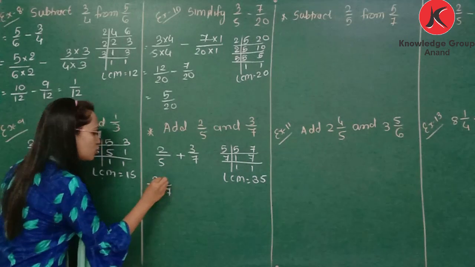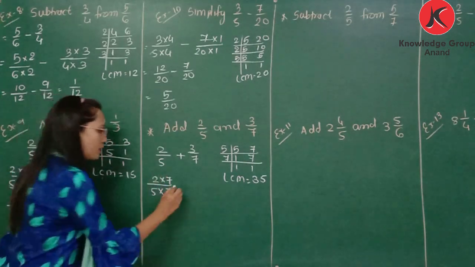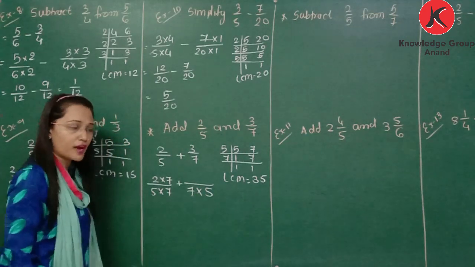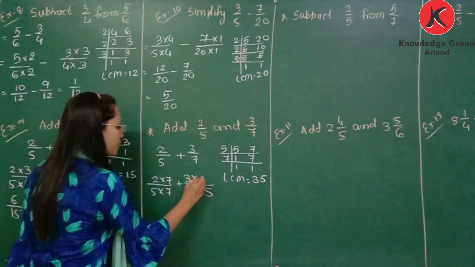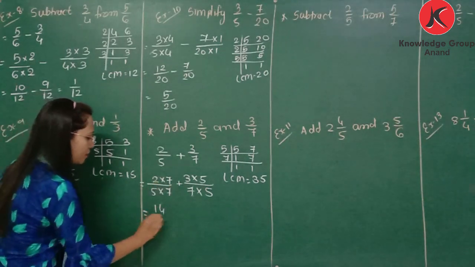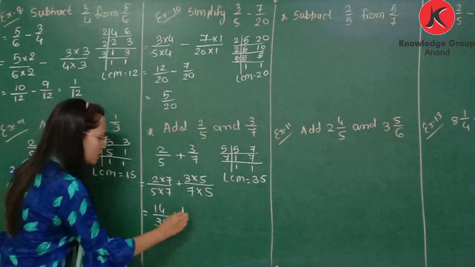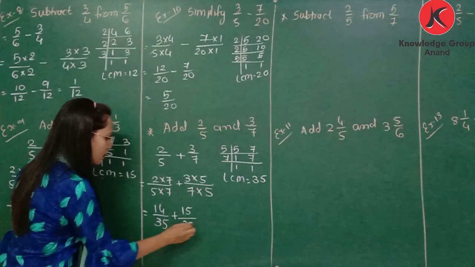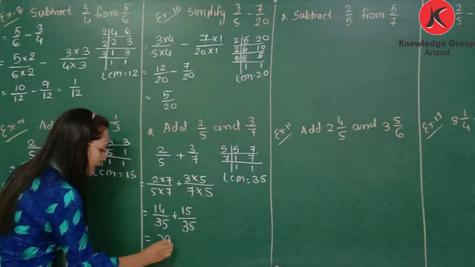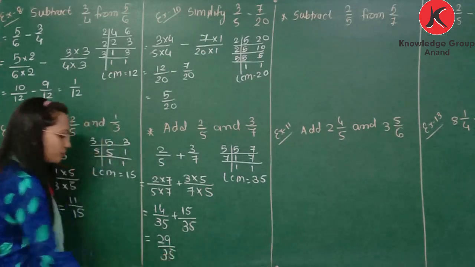So the same number we should multiply in the numerator. And to get the LCM 35, 7 is multiplied with 5. So 3 is also multiplied with 5. Now 14 by 35 plus 15 by 35. Now add the numerators. So it is 29 by 35.